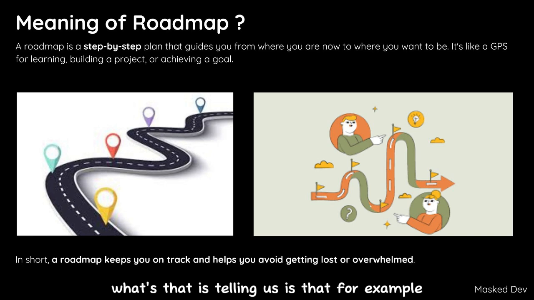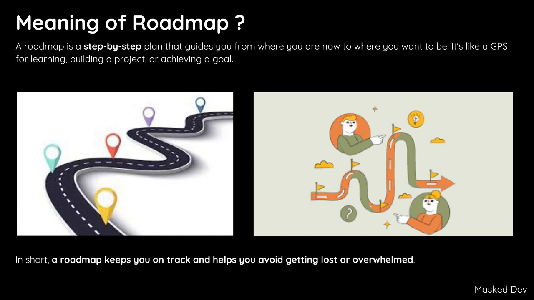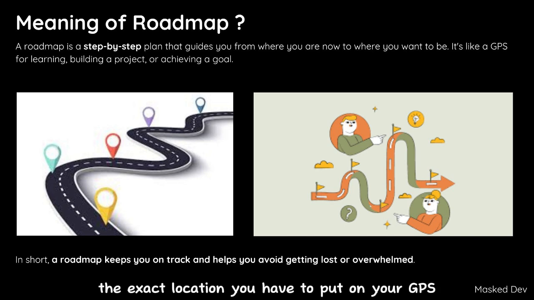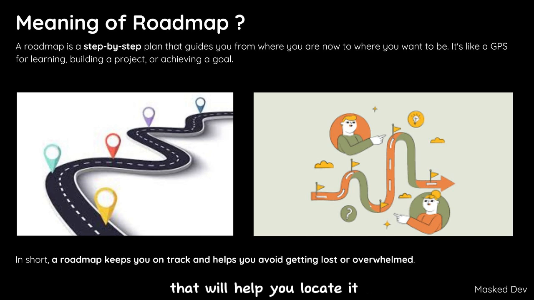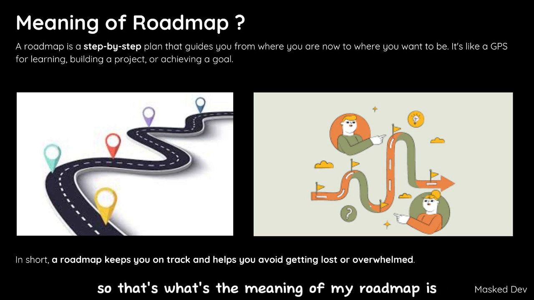For example, you are going somewhere you've not been before and you don't really know the exact location. You have to put on your GPS. You can use Google Maps or other applications that help you locate the place. That would guide you and direct you to the place you are going. So that's the meaning of roadmap.